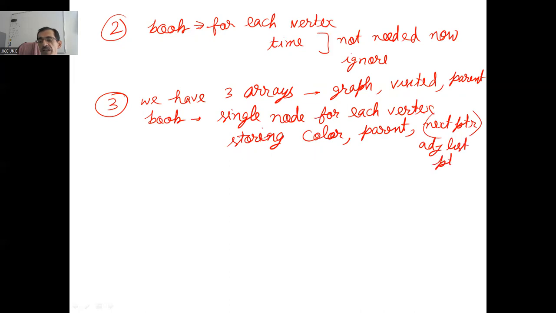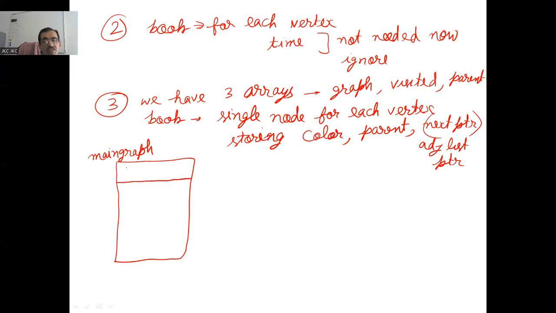So in the book, they are all considered the same. What does that mean? They have a main graph structure, where in each structure I store color, I store parent, and a pointer. For each vertex, this is the structure.